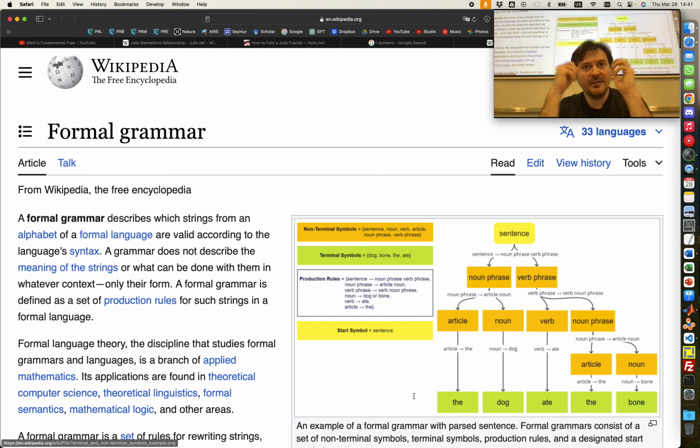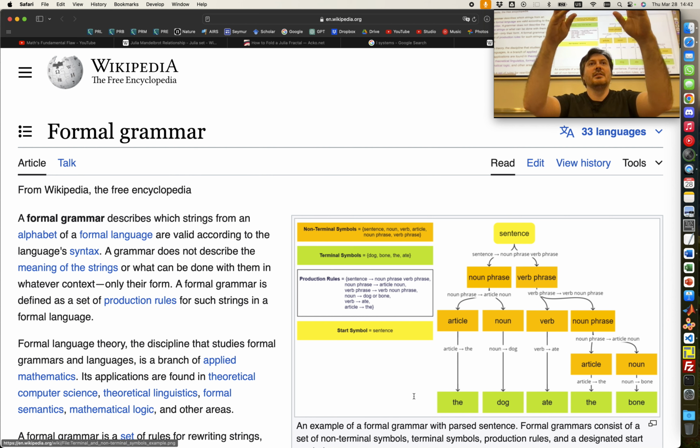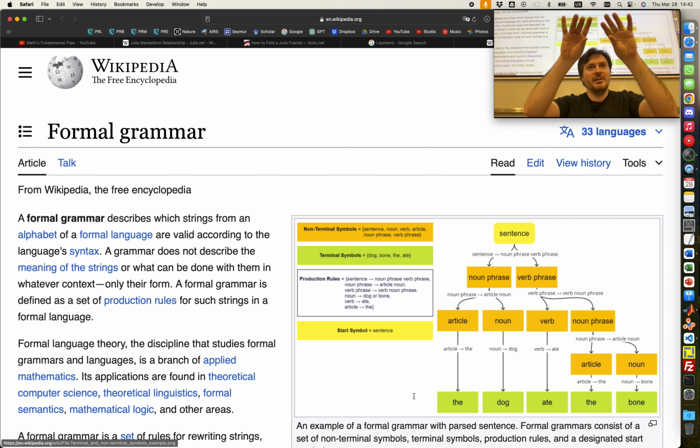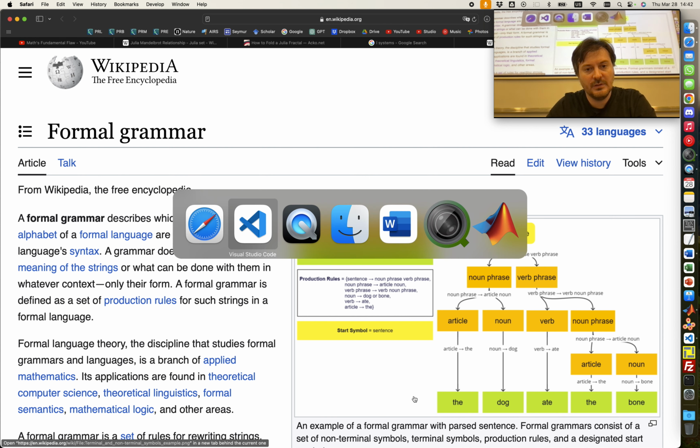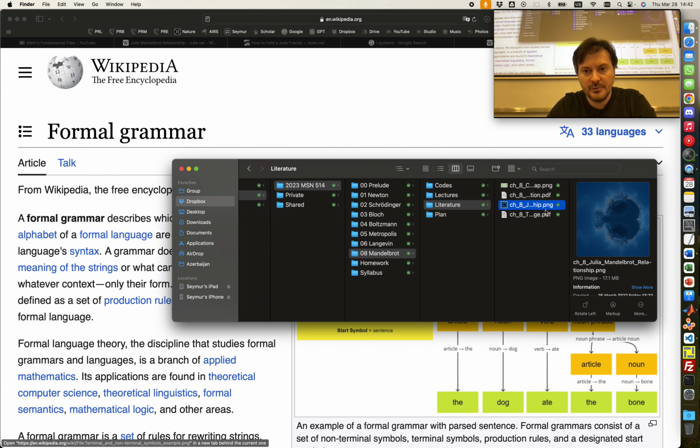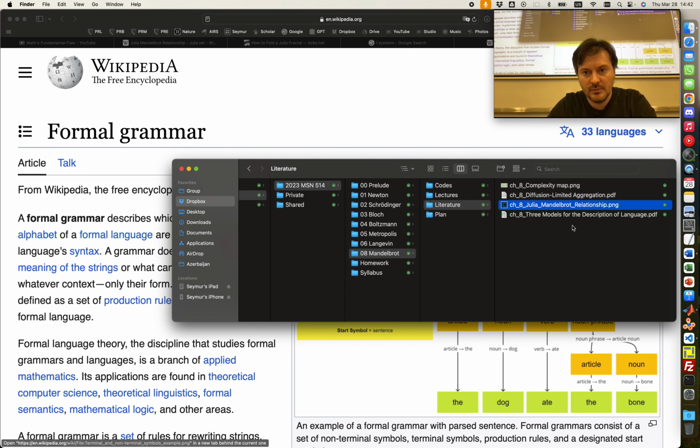What remains is this graph rewriting structure. You start, I'm going to say something that is a thought, okay? But that thought is formed of these nouns and pronouns and whatnot. Now let me show you the paper by Chomsky.